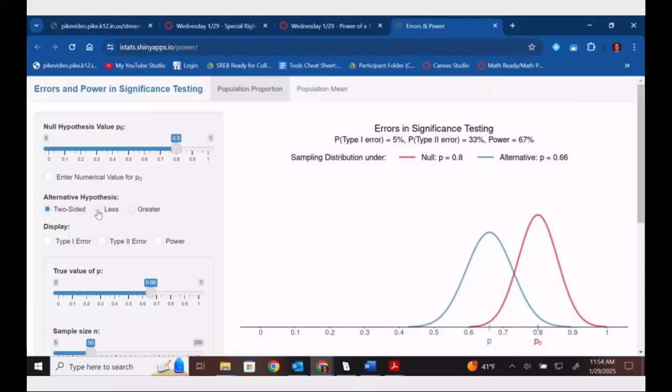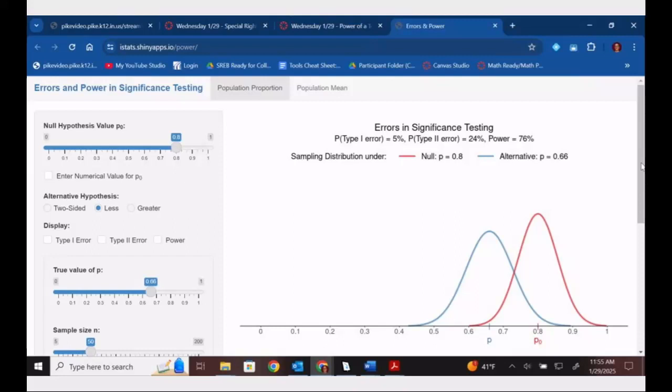Less than 0.80. So up here where it says alternative hypothesis, I don't want a two-sided test. I want which one? I want the less. So far, so good? All right, we're going to display the type 2 error. So this checkbox right here. Go ahead and click that on your screen after you've made sure that everything else is the same as mine.